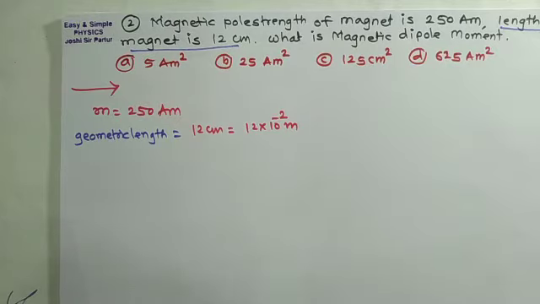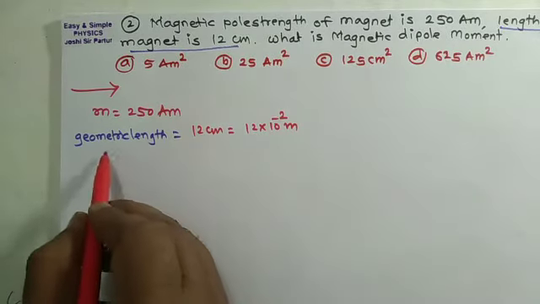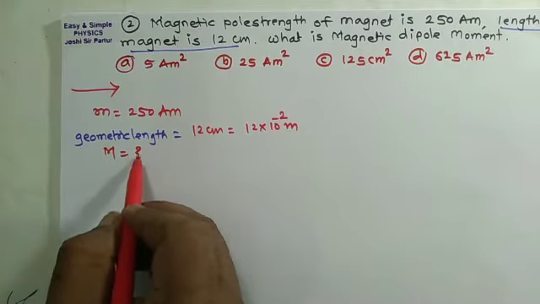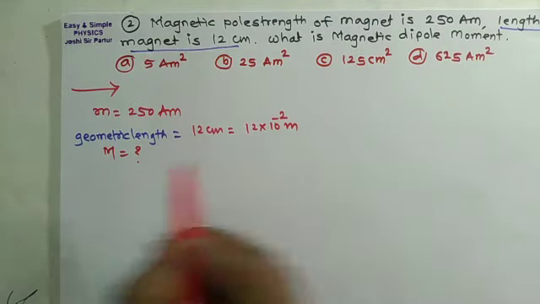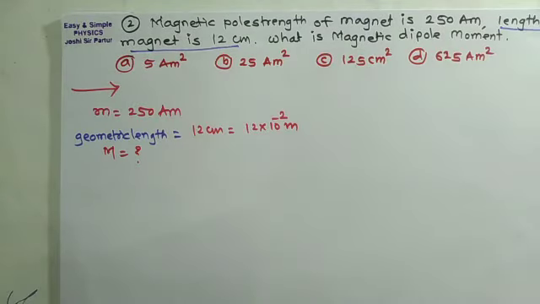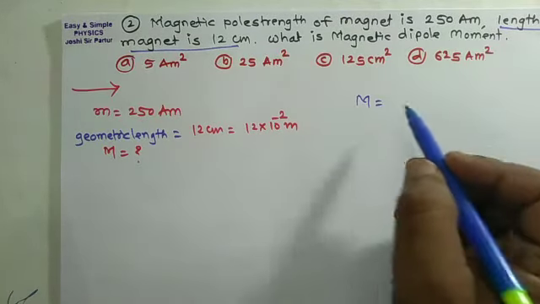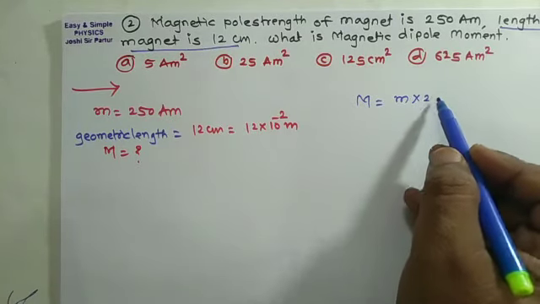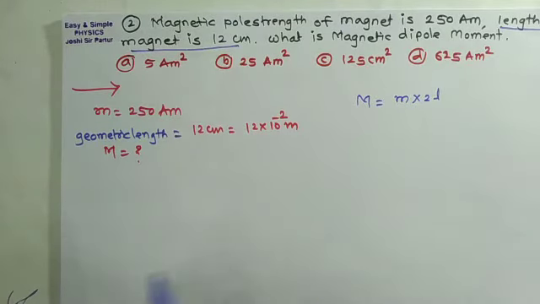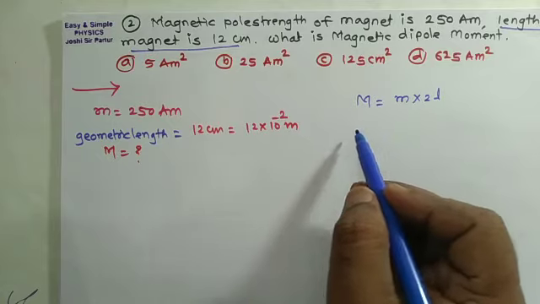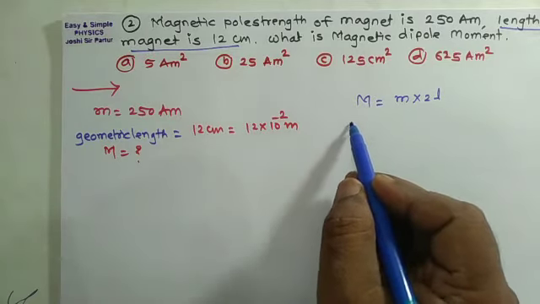So here we can find out magnetic moment. So first we can use the formula: magnetic moment will be magnetic pole strength into magnetic length. But we know the relation between geometric length and magnetic length.